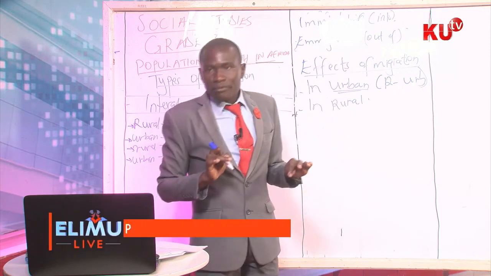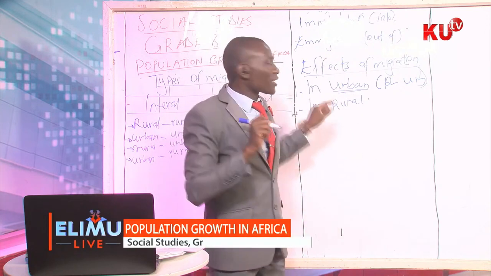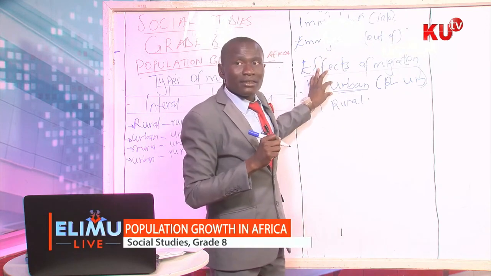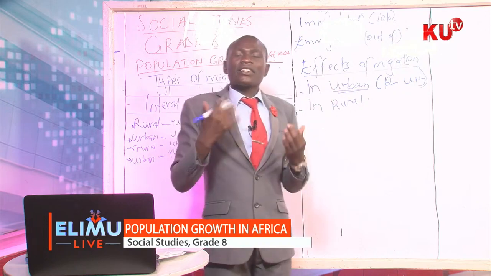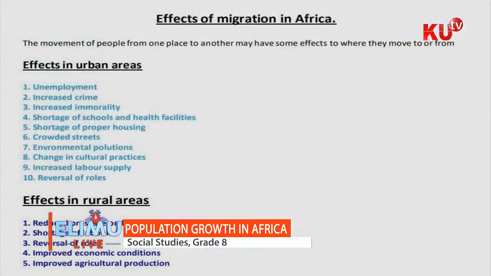Then number two, we are going to have increased crime in urban areas. This increased crime includes, one, drug and substance abuse. Two, rape cases. Three, stealing or theft in urban areas. It has been caused by people moving into urban areas.